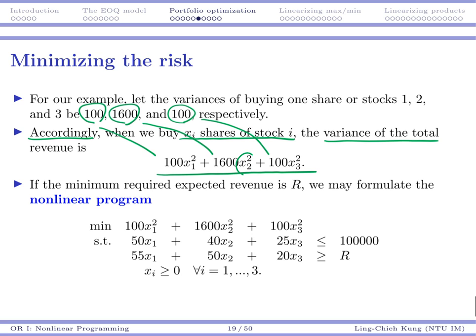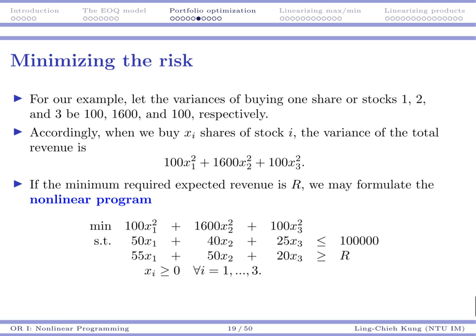Your investment target 2, this stock 2, has high expected revenue, okay? Its high expected revenue is here, but its variance is also very high. So you need some trade-off, and that's very natural if you are talking about stock investment.